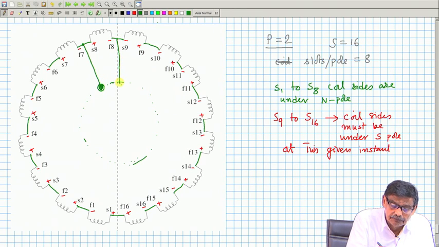Here there will be thick copper strips, like that.